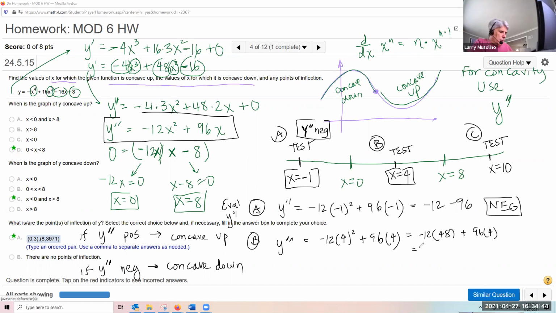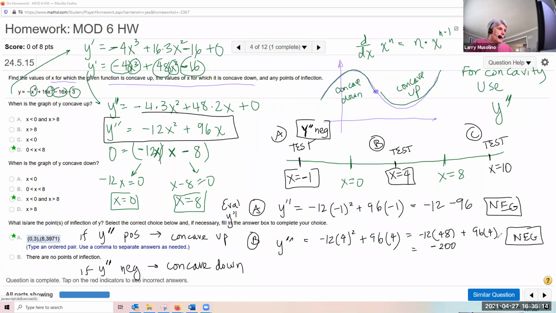Let's see, I'll work this out with my calculator helping out here. I'm getting the result -200. So this is negative here.